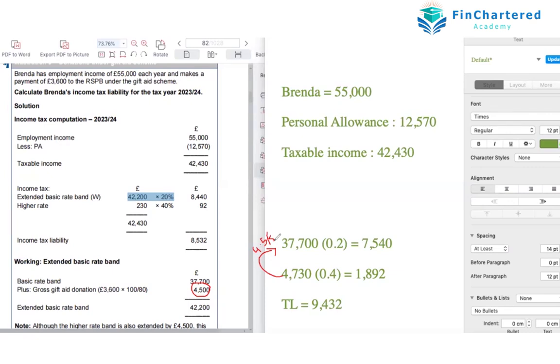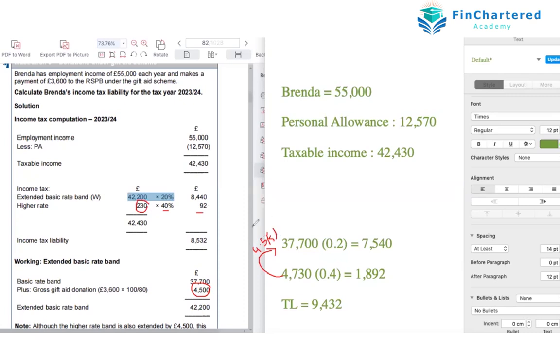Then obviously from 4,730, if 4,500 has moved, only 230 will now be taxed at 40%. And 40% of 230 is 92.